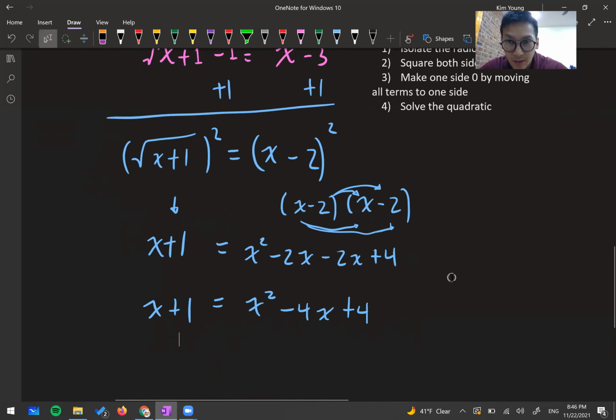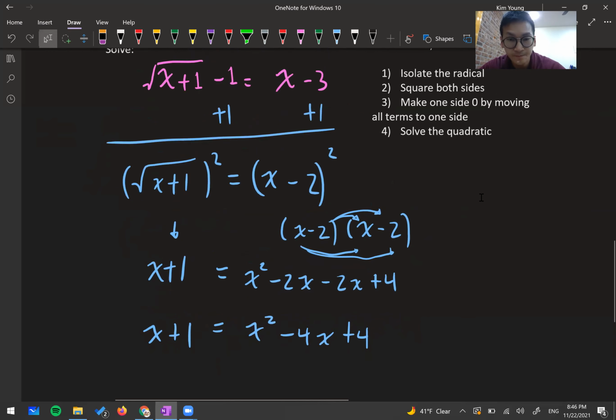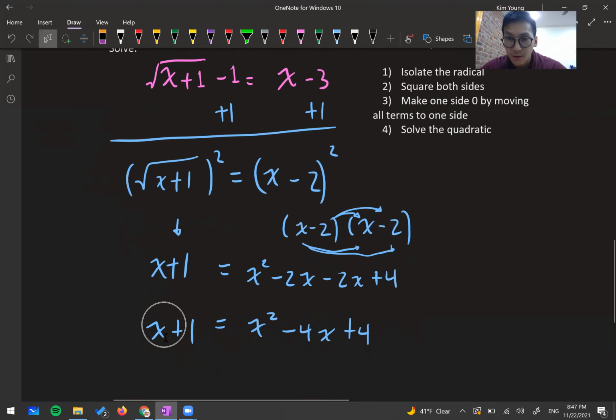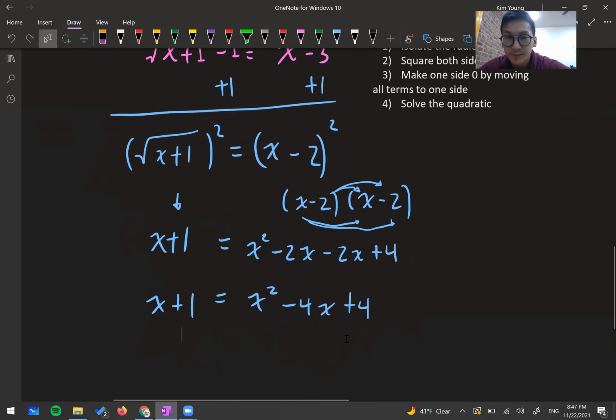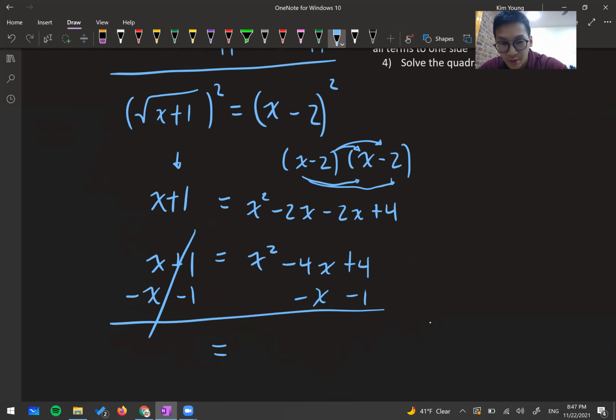Okay, and then step 3 here: make one side 0 by moving all terms to one side. So we're going to move this to the other side. Once again, inverse operation: subtract x, subtract -1. This goes away. So now you have 0 is equal to x squared minus 5x plus 3.